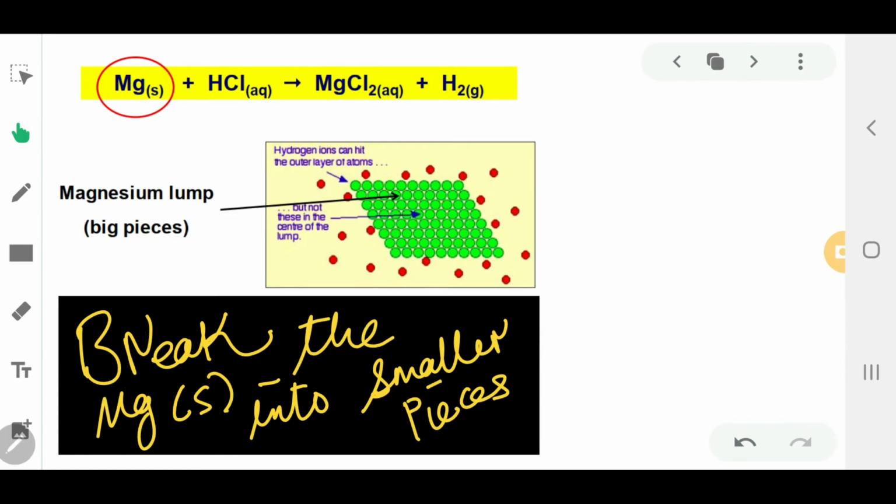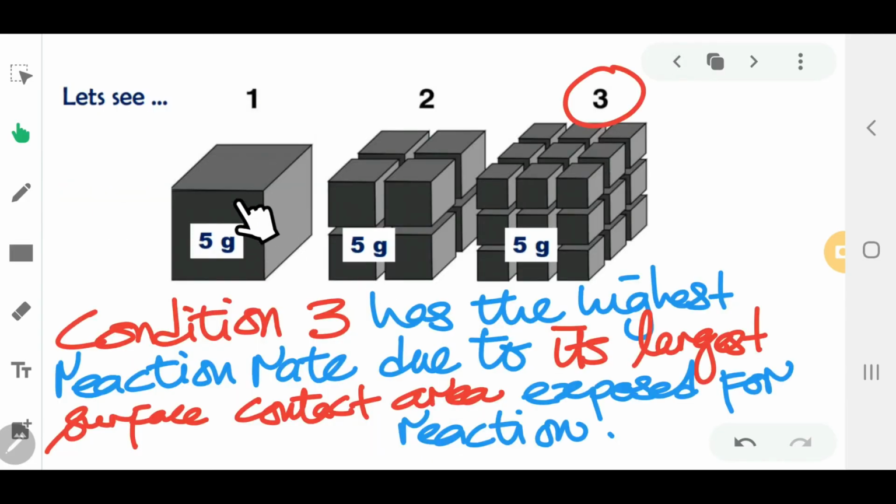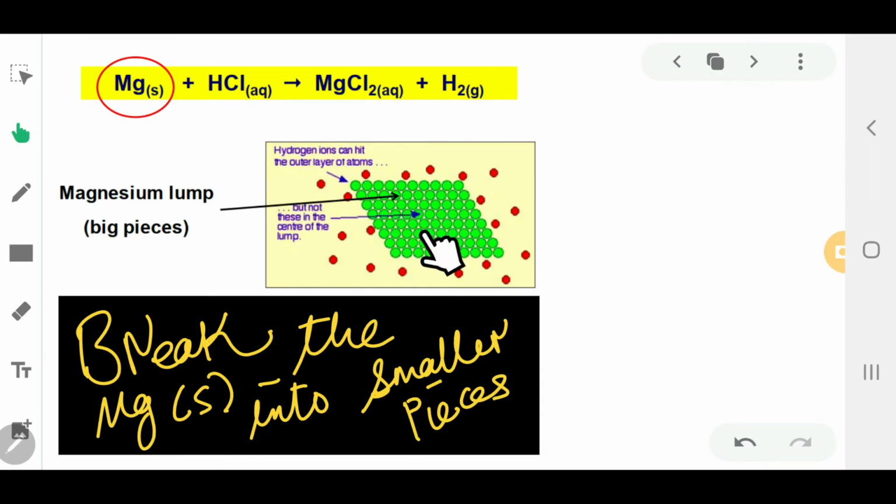We have an example here with magnesium solid plus hydrochloric acid to make MgCl2 and hydrogen H2 gas. So you can imagine that the magnesium lump, one huge piece of magnesium, is like the situation here where you have one huge particle. In this condition, the magnesium solid will have very small surface contact area.